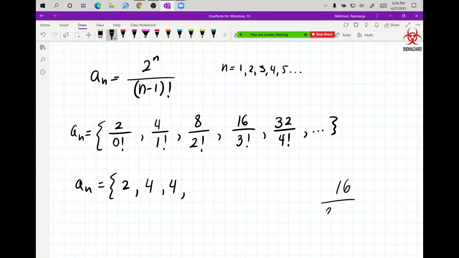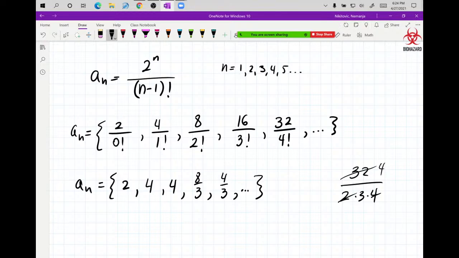So 16 divided by 2 times 3, that cancels. So it's 8/3. Now, 32 divided by 4 factorial. 32 divided by 2 times 3 times 4. See, 2 times 4 is 8, so they cancel. You get a 4 on top. It's 4/3 here, going on forever.